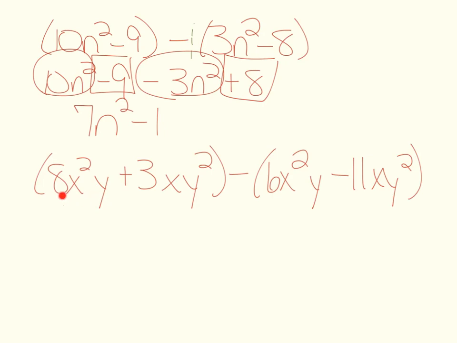X squared y has to match with x squared y. The variables with their exponents have to match. Xy squared matches with xy squared. Those are my like terms. First of all, though, since I'm subtracting, I have to change the sign of the second polynomial. So I do that.